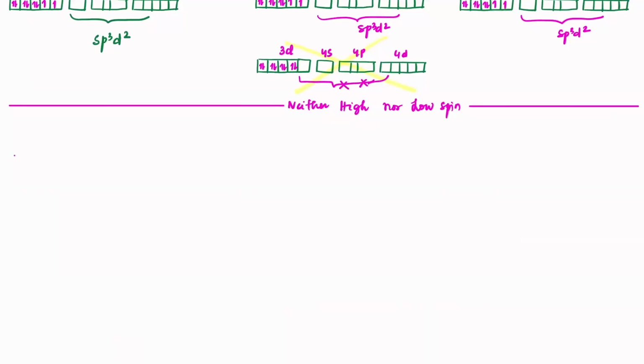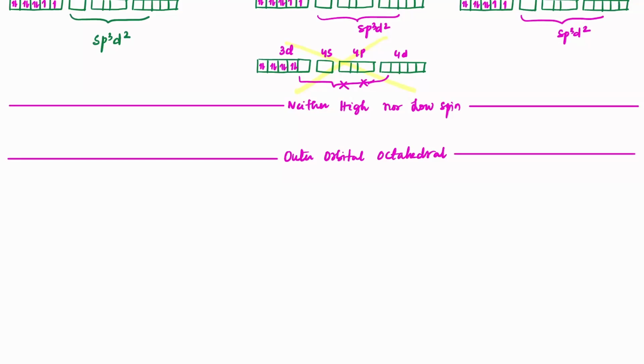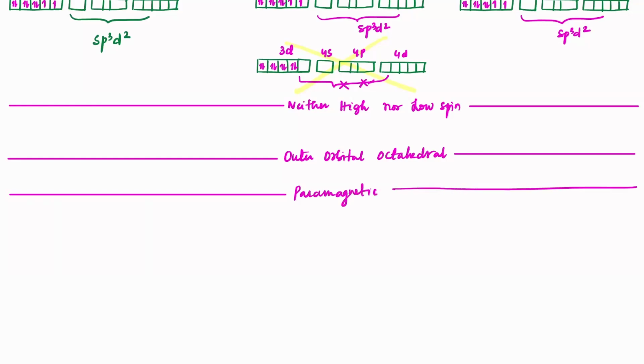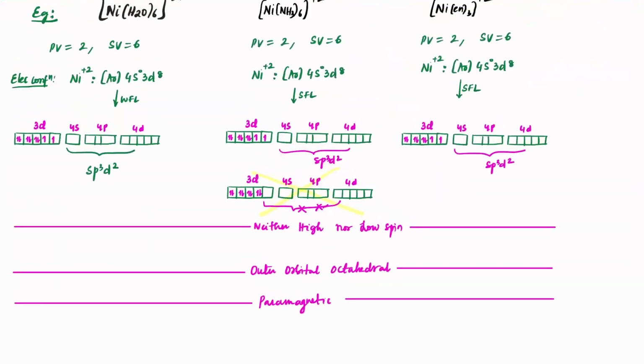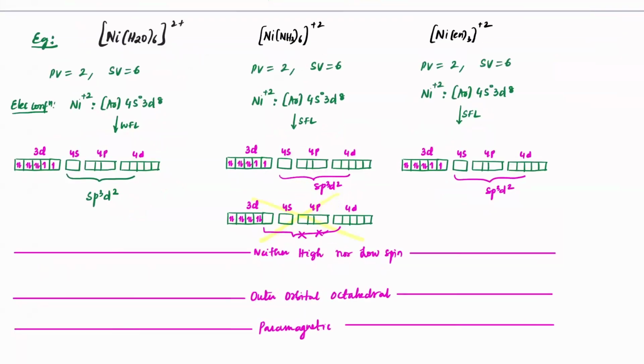Since you are using an outer orbital, we can say this is an outer orbital octahedral complex. And all of them will remain paramagnetic because the number of unpaired electrons is 3 and that is the same in all three cases. So please look into it, everybody.